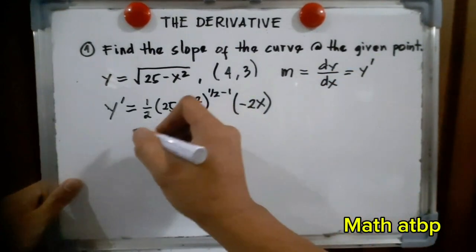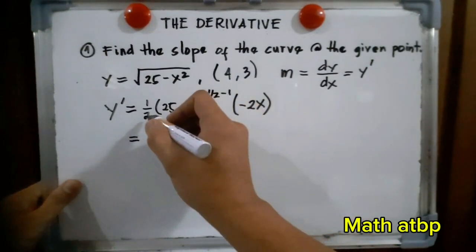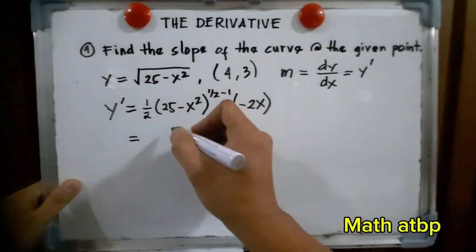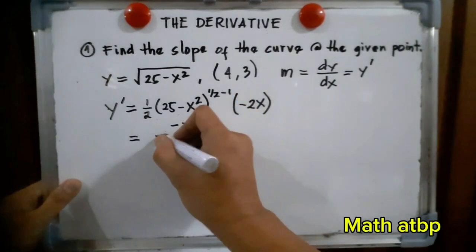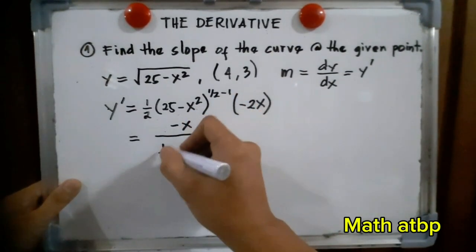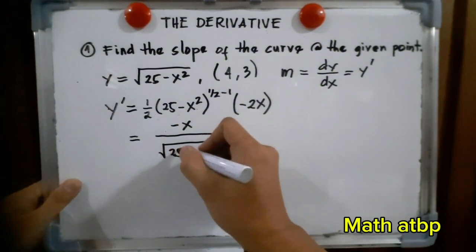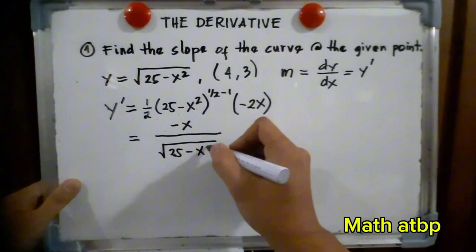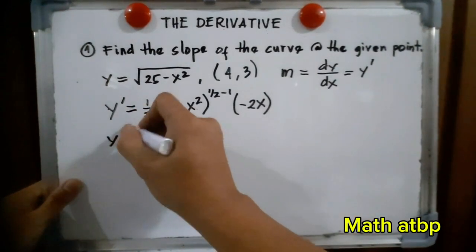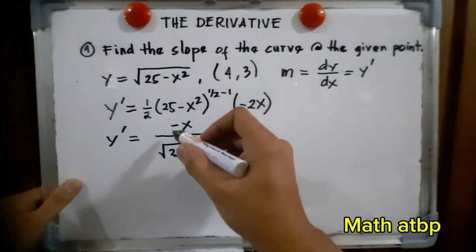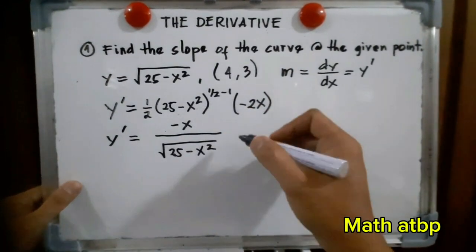So we have here negative 2x and 1/2, so we have negative x over the square root of 25 minus x squared. That is your y prime. It is negative x over the square root of 25 minus x squared.